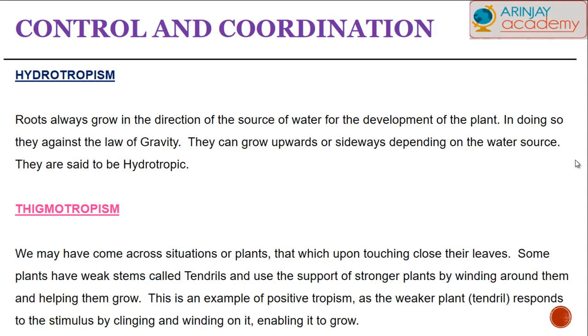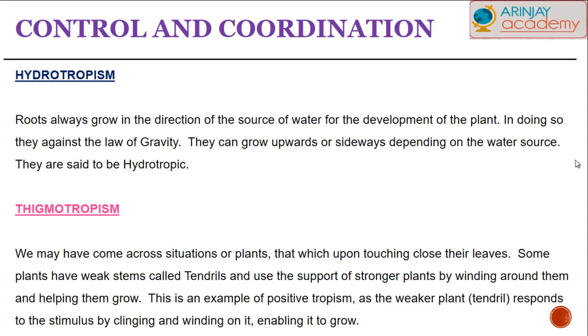Roots always grow in the direction of the source of water because this is essential for the development of the plant. In doing so, they always defy the law of gravity because depending on the nature of the plant, the roots can grow either upwards, sideways, but more or less they always grow downwards. Thus, since they always grow in the direction of water, they are said to be hydrotropic.